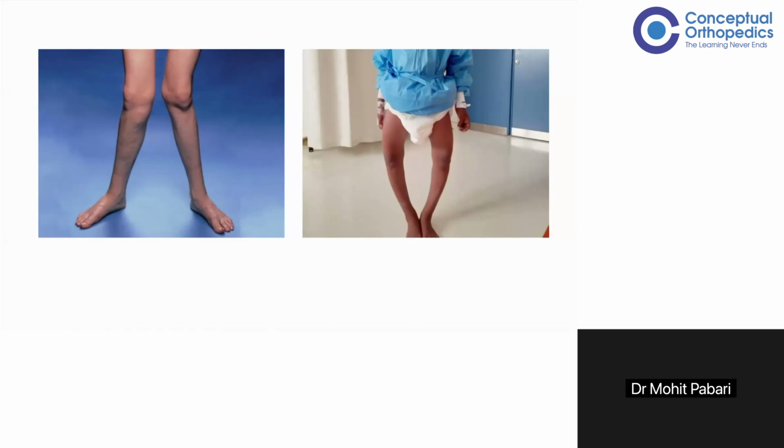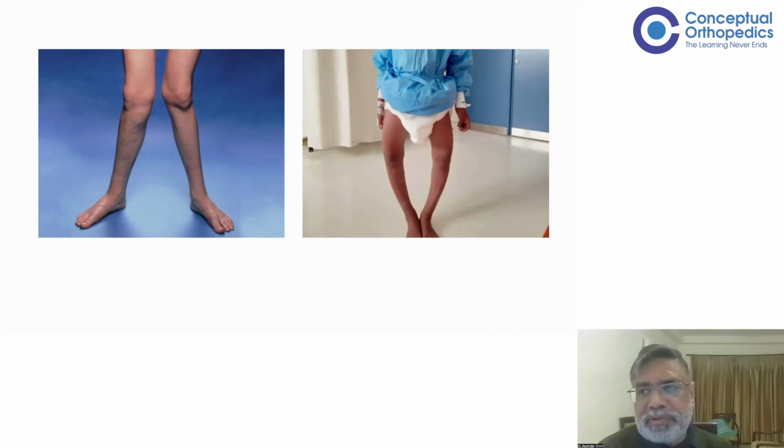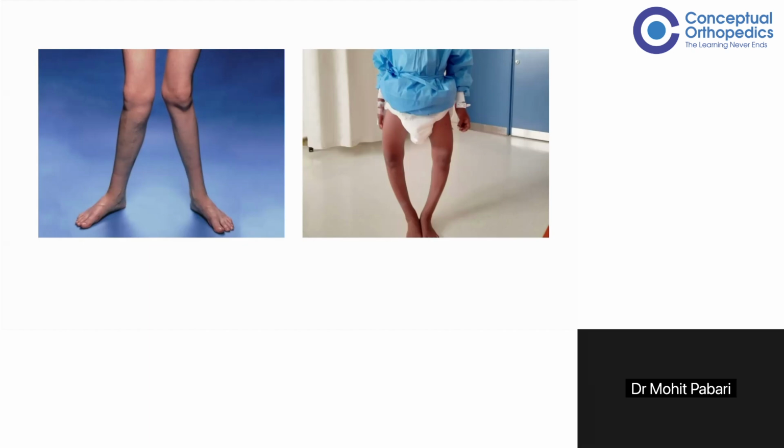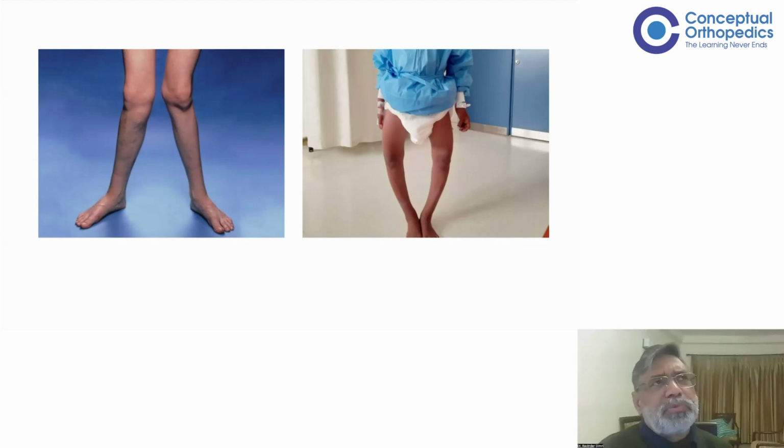Sir, in a young female, I will start from the history of the patient, whether it is congenital, developmental, or acquired. Then I will go for the inspection. So what is in your mind?